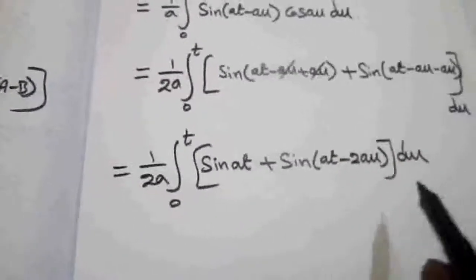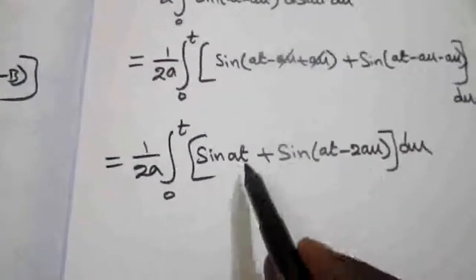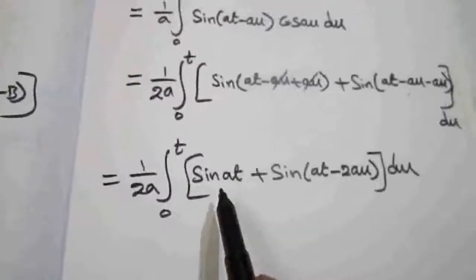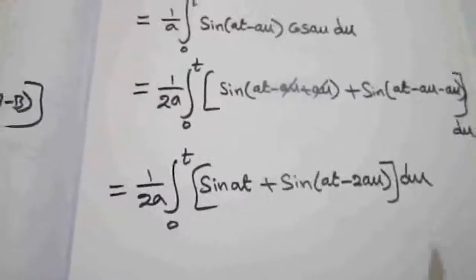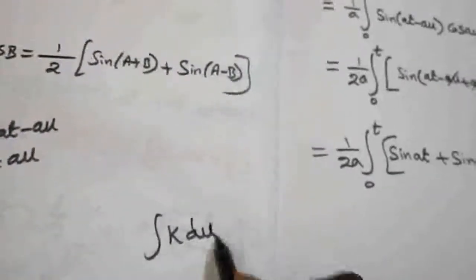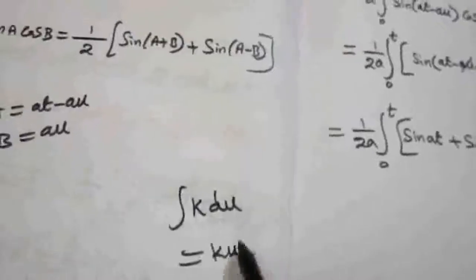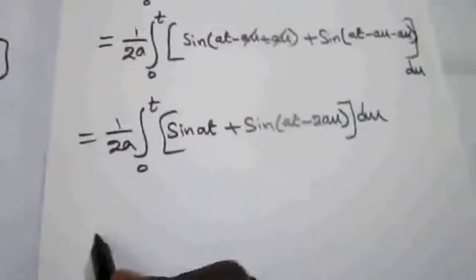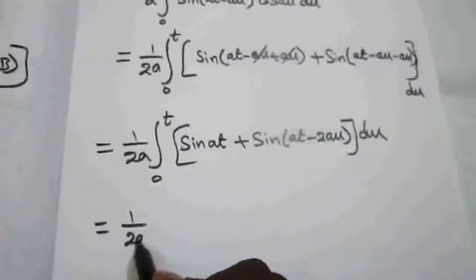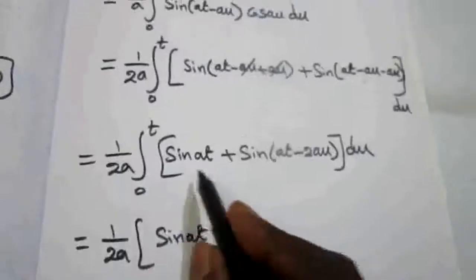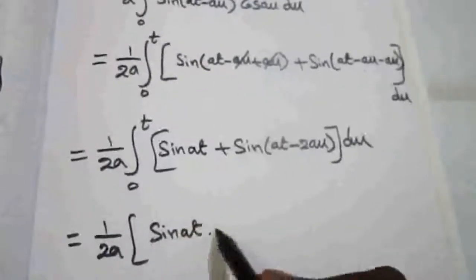Now I am going to integrate with respect to u, but you see there is no u in sin at, so it is a constant. The differential of a constant is 0, but what is the integral of a constant? The integral of k with respect to u is ku. Similarly here, 1 by 2a into the integral of sin at with respect to u is sin at into u.